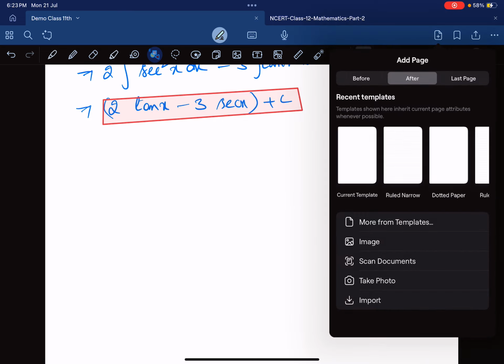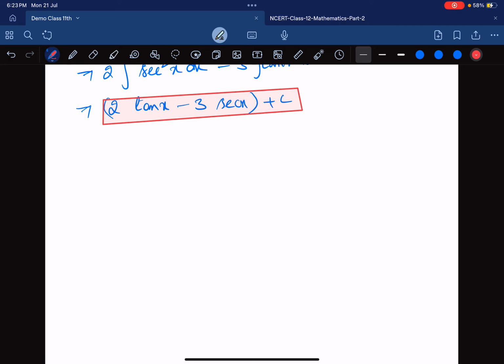Now we have objectives, that is 21: the antiderivative of root x plus 1 by root x dx. We know that antiderivative means finding the previous function, the primitive function.